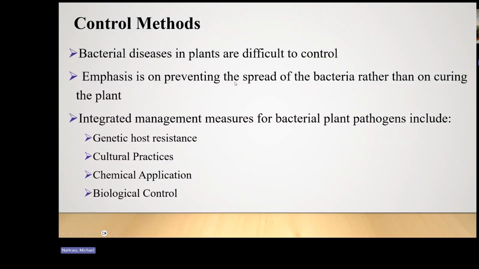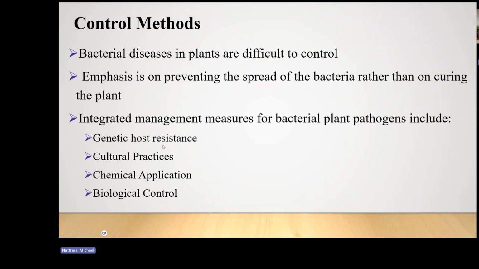Some of the control methods for our bacteria are going to be very challenging, in that once that bacterial disease occurs, it's very difficult to come back out of it. Also remember that those bacteria spread in millions per day, up to a million increase in population, from 1 to 2 million in 24 hours.